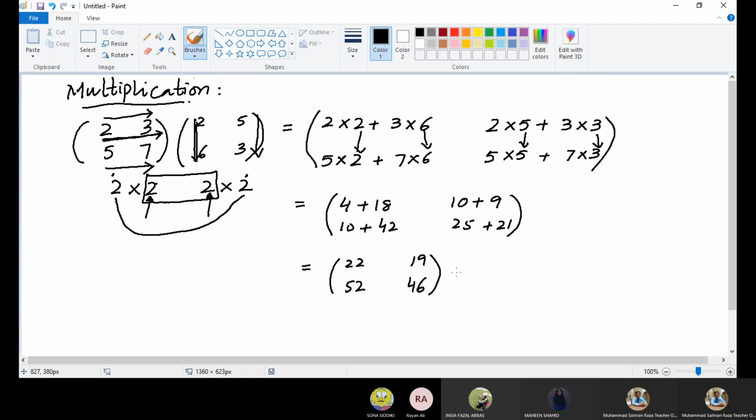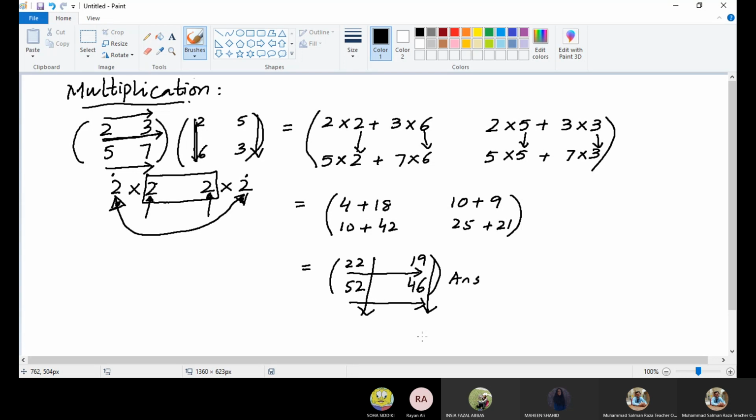And then we close the bracket, and this is our answer. You can see that the final answer contains 2 rows and 2 columns. So it means the resultant 2 by 2 is clear.